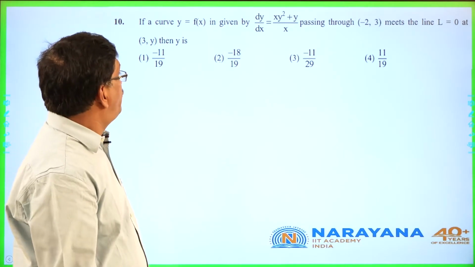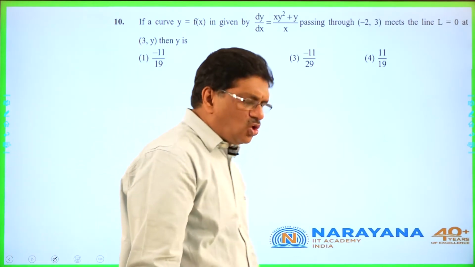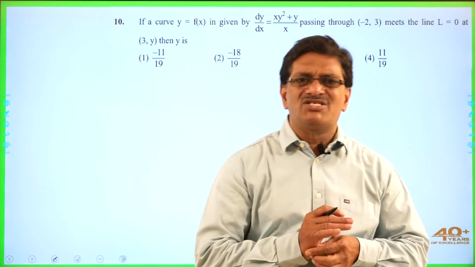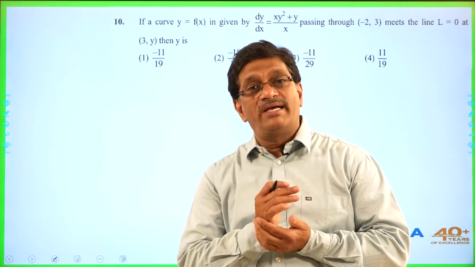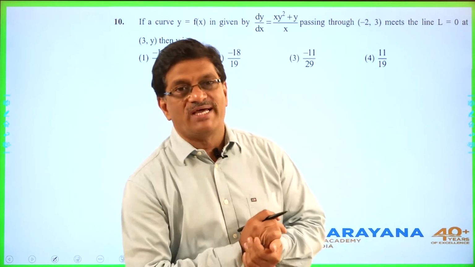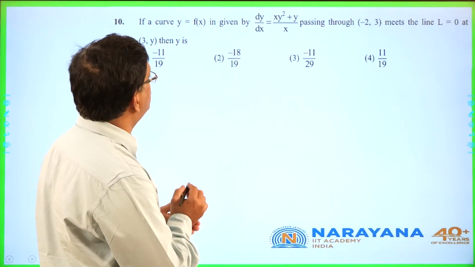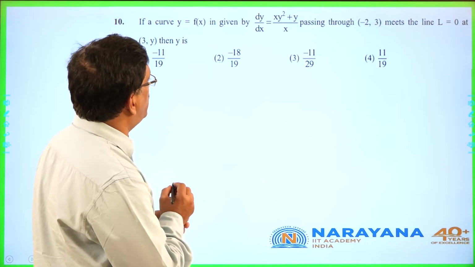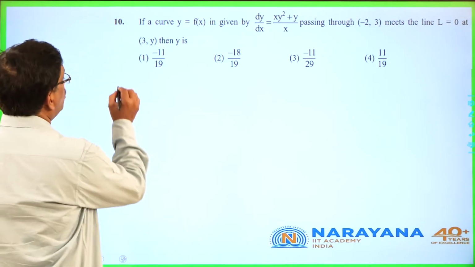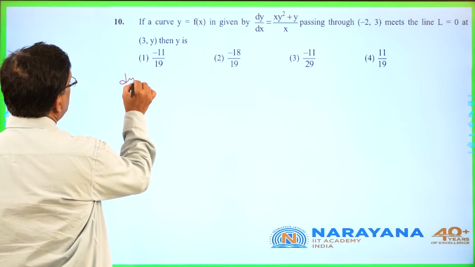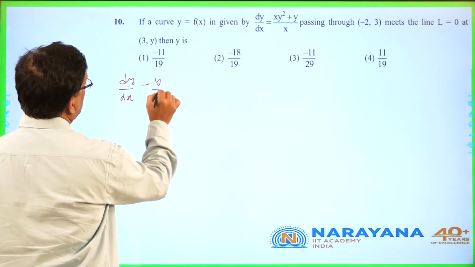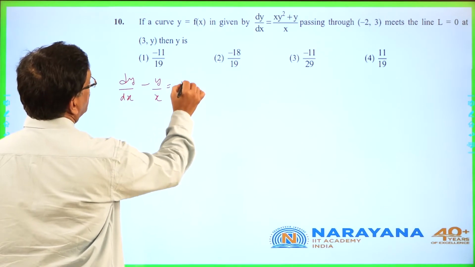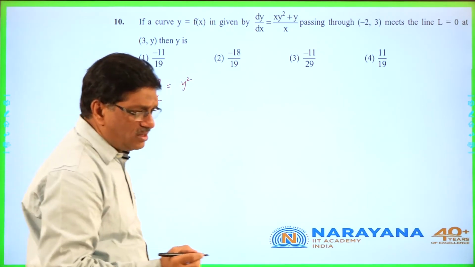Yeah, it's a differential equation. This time in differential equations, most of the time they are giving either linear, Bernoulli's or variable separable. dy by dx is equal to x y square plus y by x. So this is dy by dx minus y by x is equal to x y square.